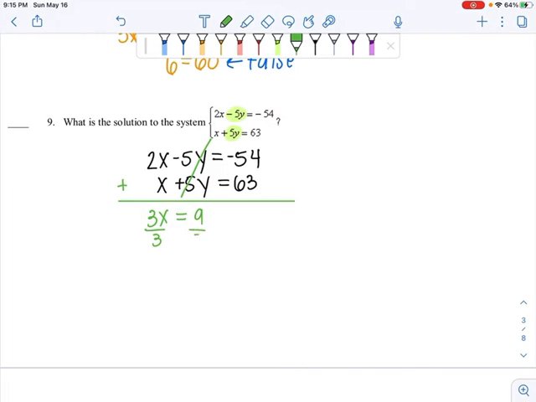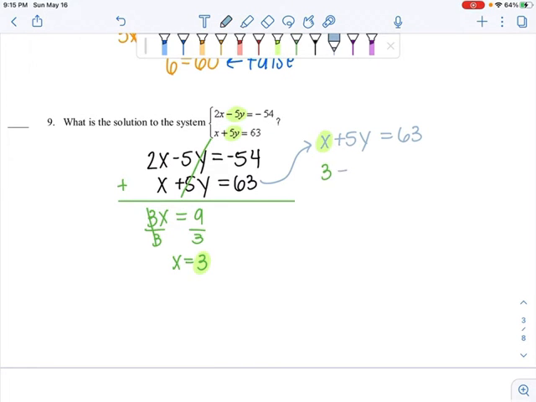Well, I'm not totally done yet because I still have to find y. The best one to substitute that in for is probably the second equation. So I'm going to take that second equation of x plus 5y equals 63 and substitute that 3 in for x. So that's going to be 3 plus 5y equals 63.